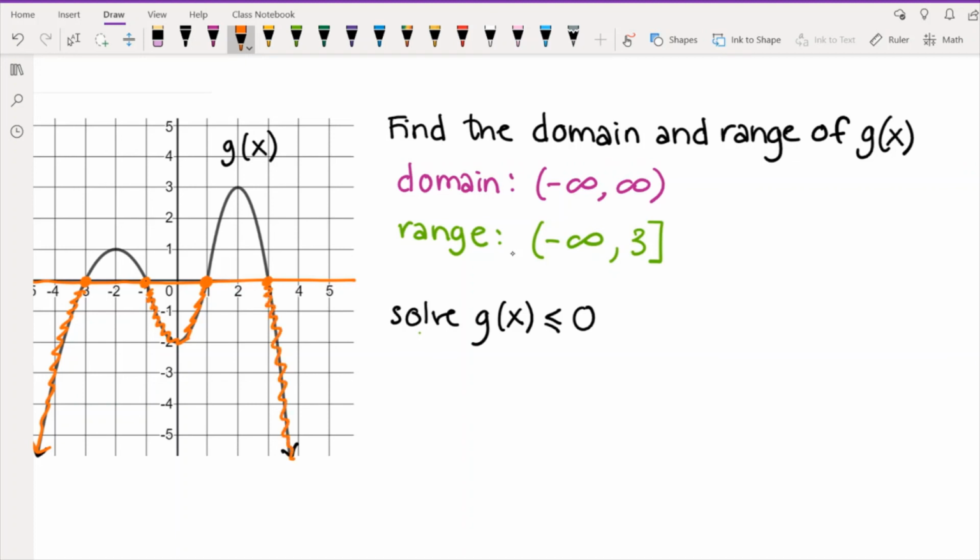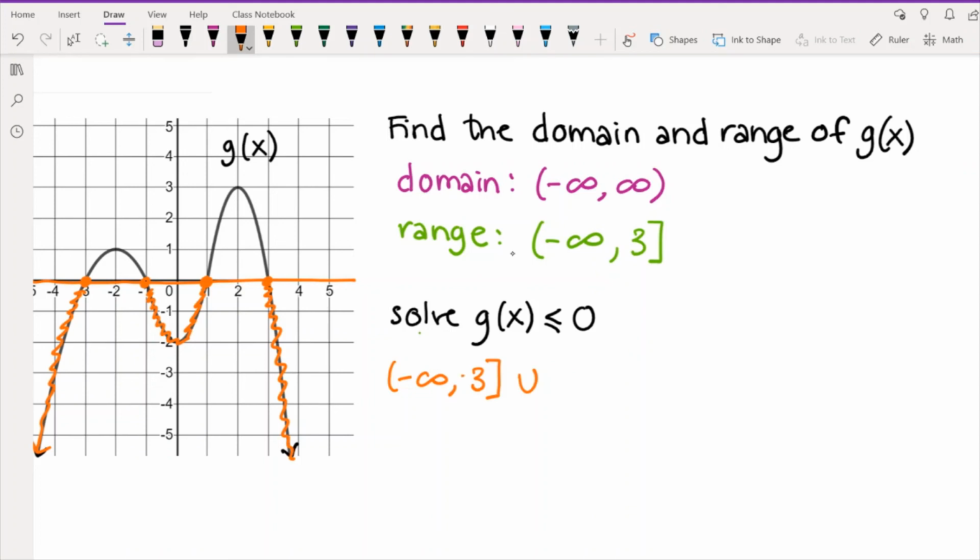And so we're actually going to have 3 intervals. What is the first interval going to be? It's going to be negative infinity up until negative 3, and we're going to include negative 3 because we did want to include the possibility that the function equaled 0.